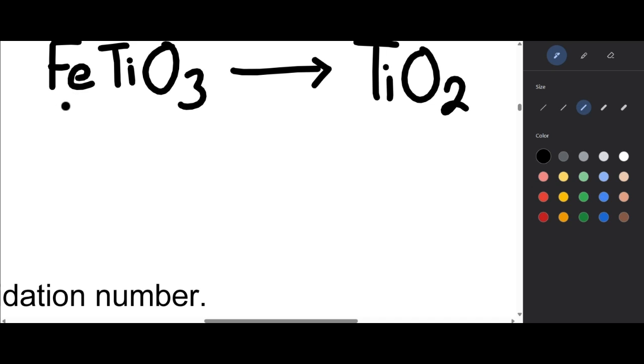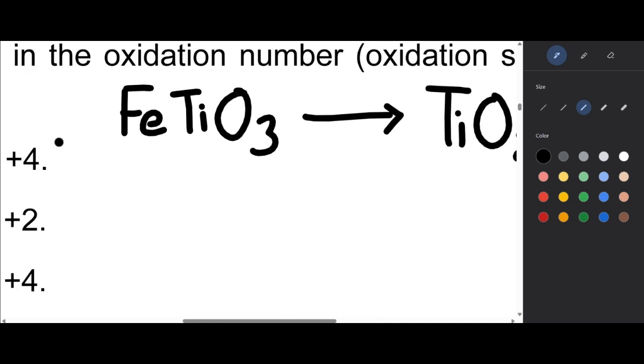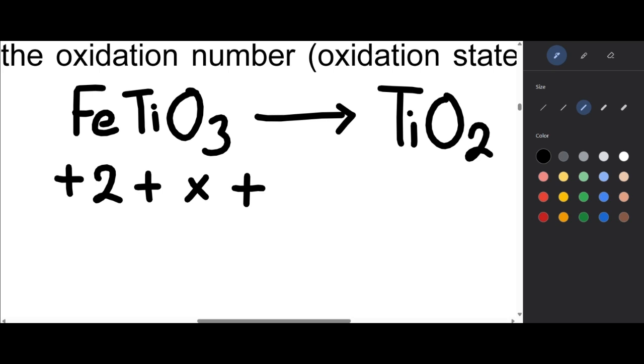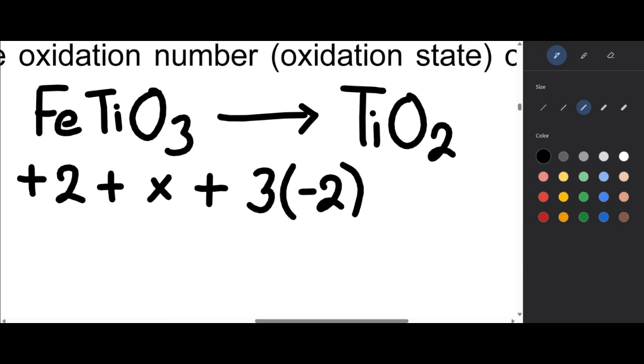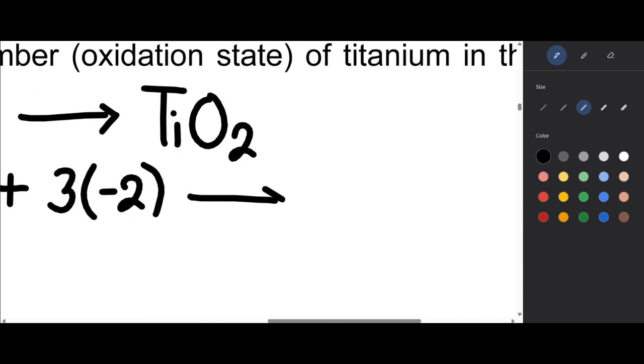We know that Fe is plus 2, so let's write plus 2, plus Ti, which we don't know, so let's just make it x, plus O3, where O is minus 2, so there are 3 O, so 3 times minus 2. It becomes Ti, which we don't know, so x, plus O2. O is minus 2, so 2 times minus 2.